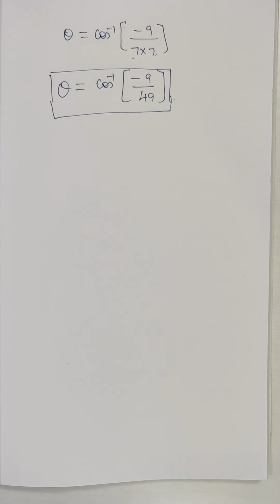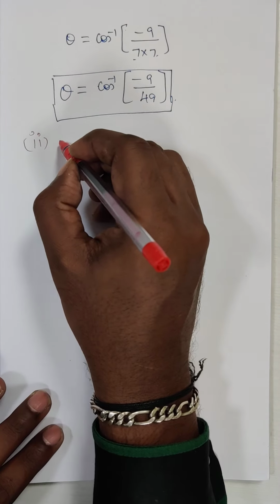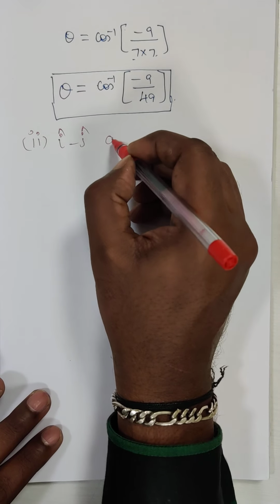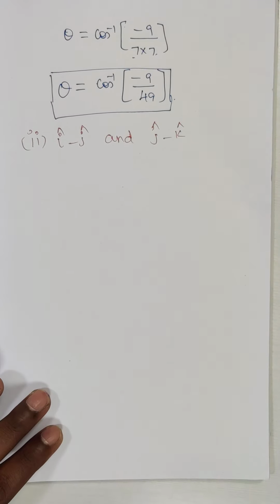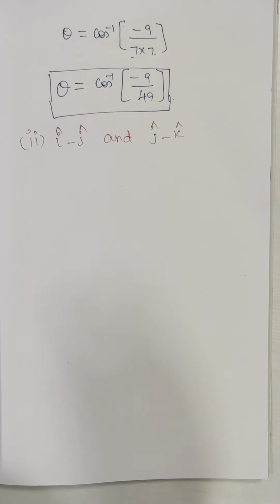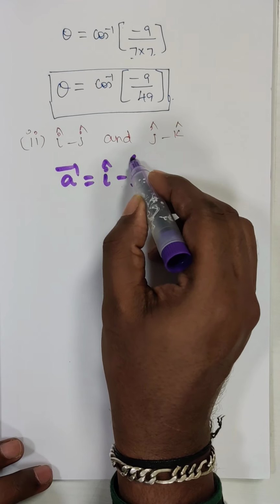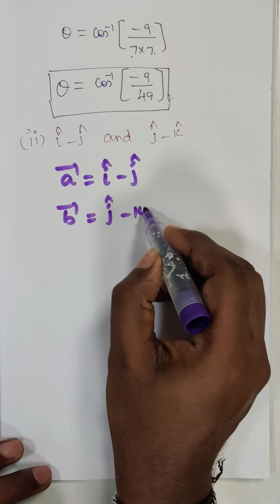Okay, next we have the second subdivision: i cap minus j cap and j cap minus k cap. So let us take the given vectors. a vector is equal to i cap minus j cap and b vector is equal to j cap minus k cap.